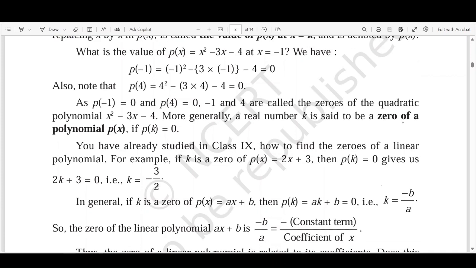So a zero of a polynomial is a real number, say k, such that p of k equal to 0. That is, when you substitute this k value in the place of the variable x in the polynomial, you should get the answer to be 0. So any real number, if you substitute in that polynomial and you get the value to be 0, then that real number is known to be a zero of the polynomial. Fine.